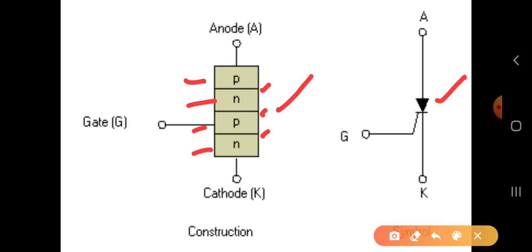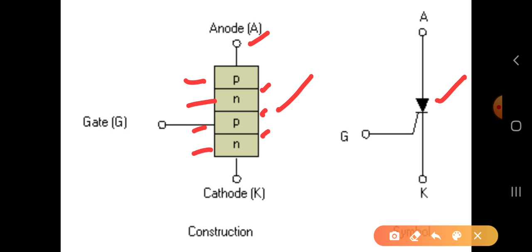We obviously need terminals to give a voltage supply and check the current. So where are you going to make these terminal connections? You can observe at the top side of the structure, there is one lead connection made to the P layer.